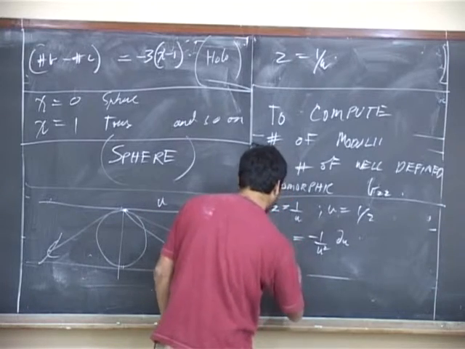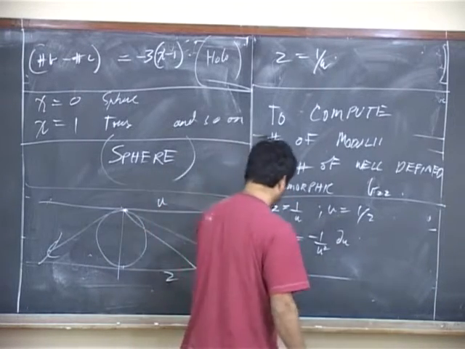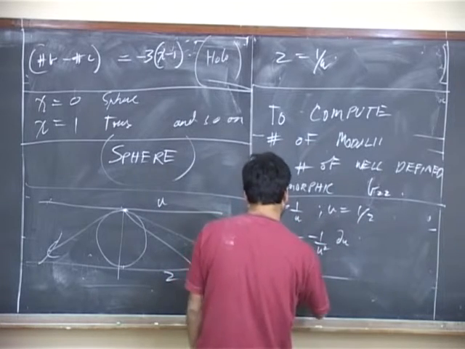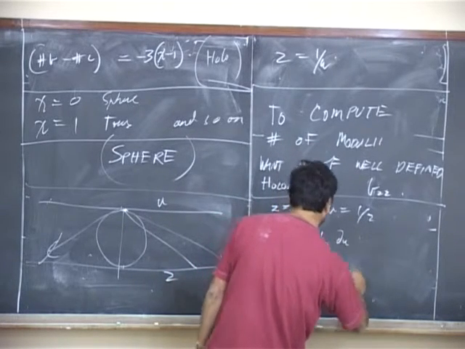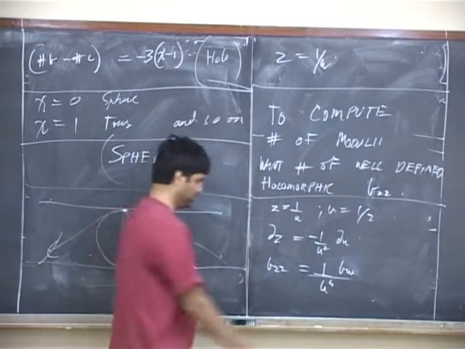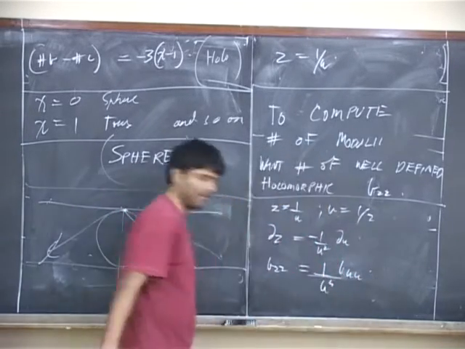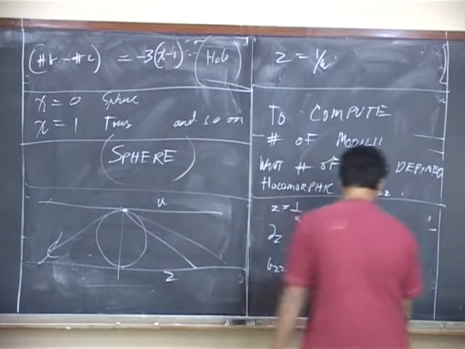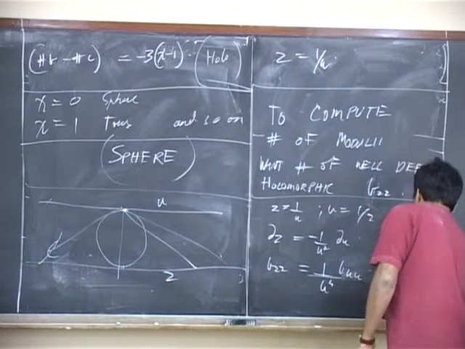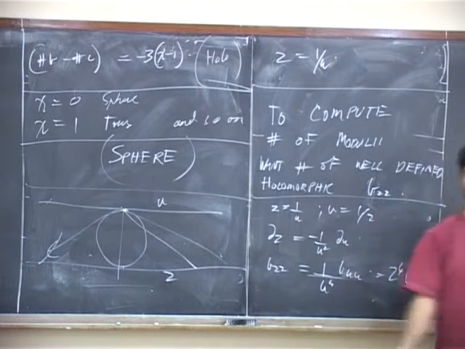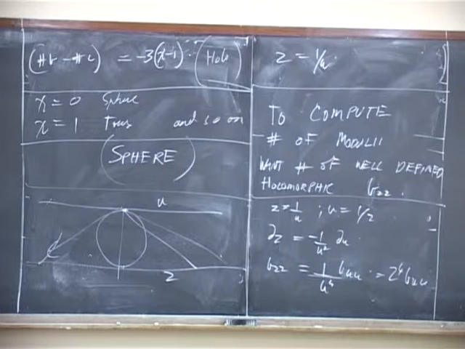And something that transforms like del z, which is what b_zz transforms like, so we get b_zz is equal to 1 by u to the 4th times b_uu, which we could equally write as z to the 4th times b_uu. Is this clear?